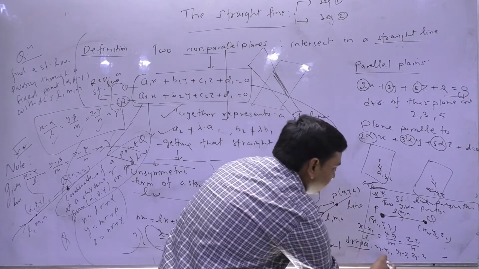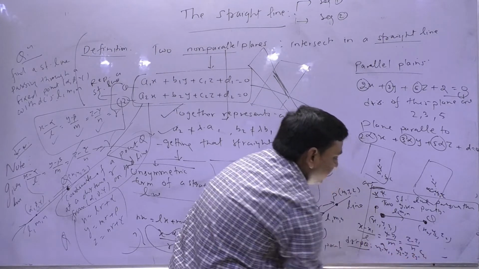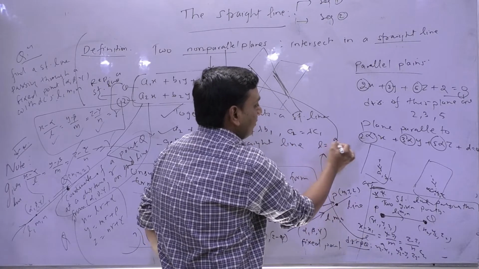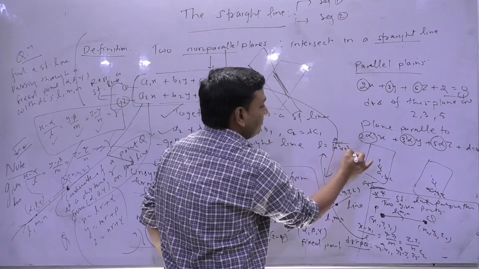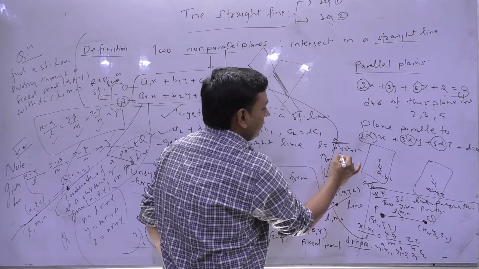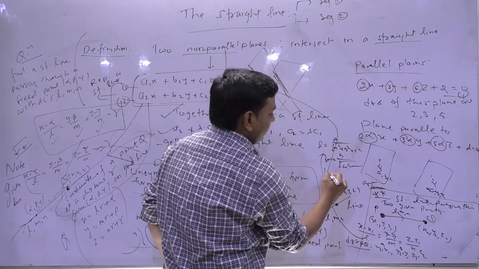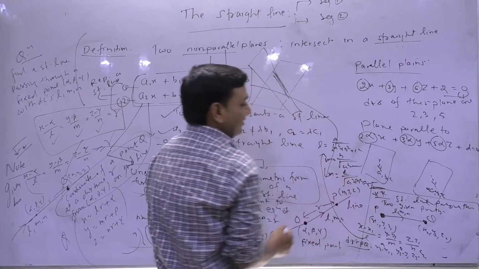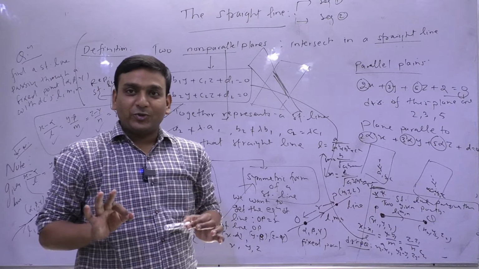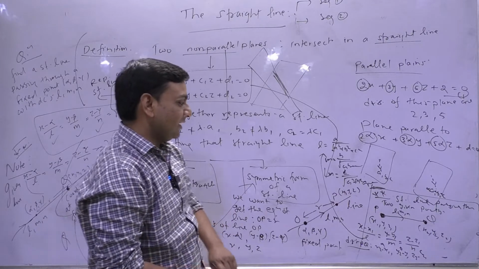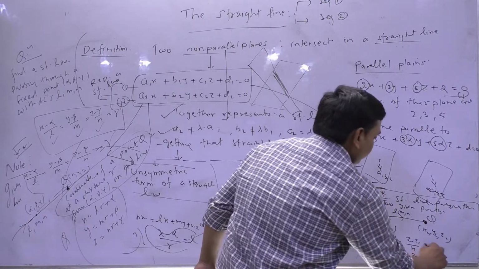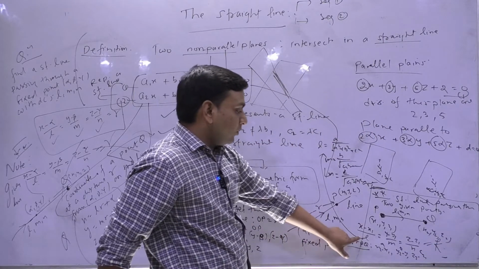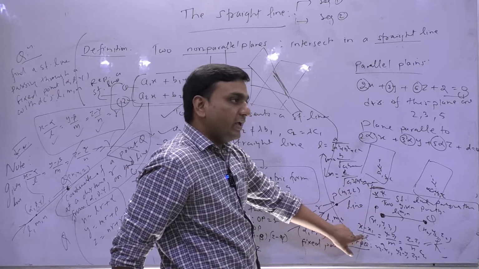So if this is A, this is B, this is C, can't I find L equals A upon square root of A square plus B square plus C square, M equals B upon the same square root, N equals C upon square root of A square plus B square plus C square. So friends, if I take this as some arbitrary point K, I can write L and A upon the square root.